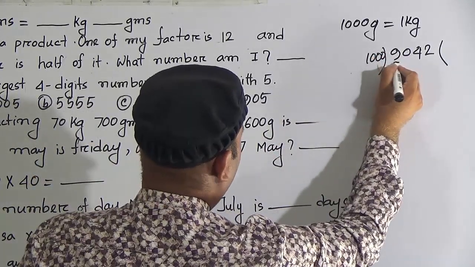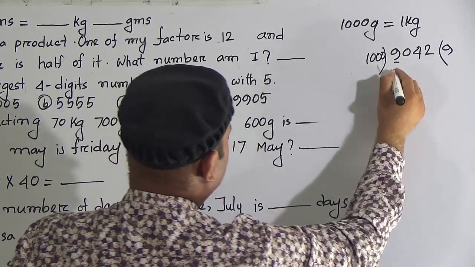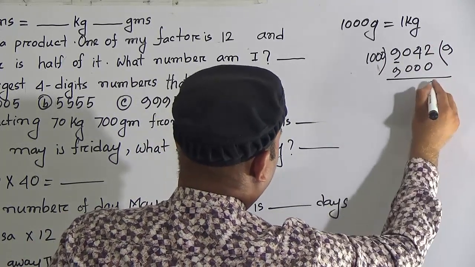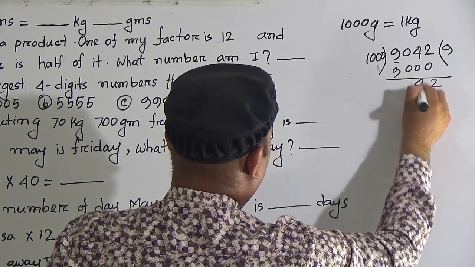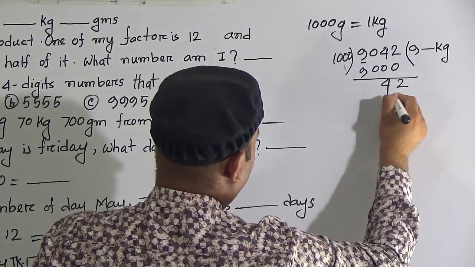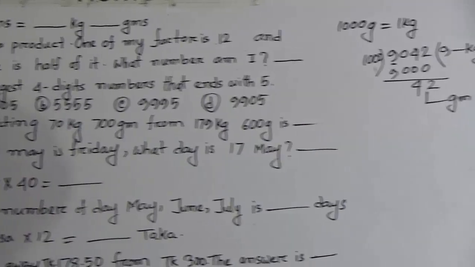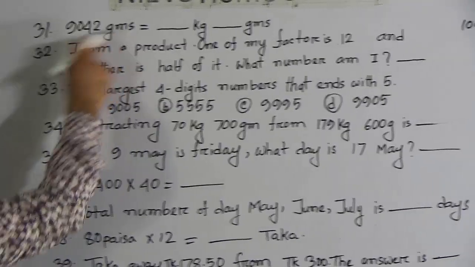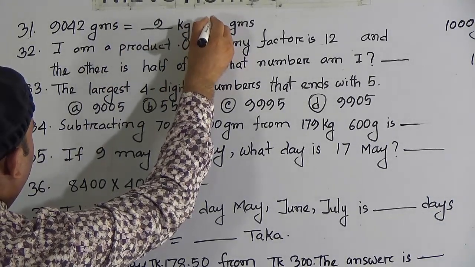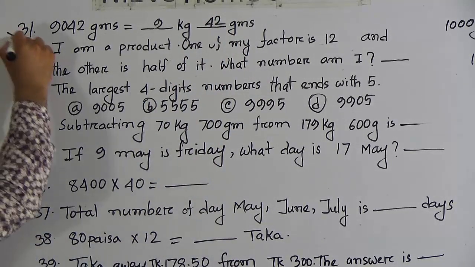Here is 9000, so we can write 9 times 1000 is 9000, and the remaining is 42. This is the kilogram unit and the remaining is the grams unit. So we can write 9042 grams means 9 kilograms and 42 grams. My dear students, hope you understood this one.